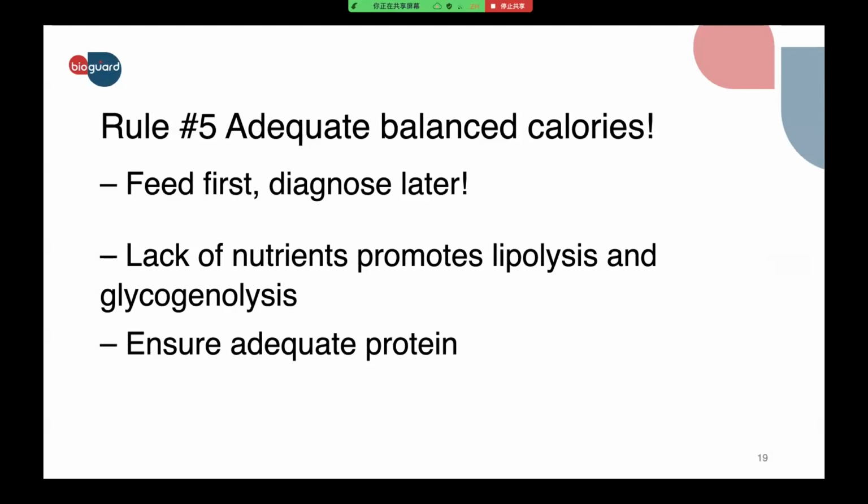For hepatic lipidosis cases, food is the most important part, because the liver needs energy and protein to metabolize the fat in the liver cells, to make lipolysis happen and make the condition better. So we need to feed the animal first. We can put the diagnosis even later.